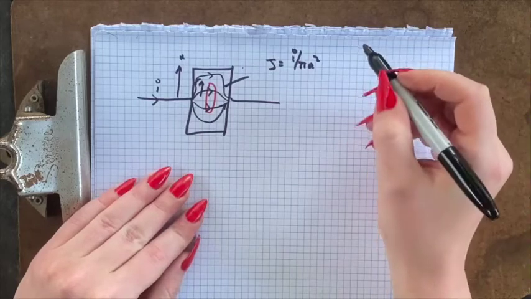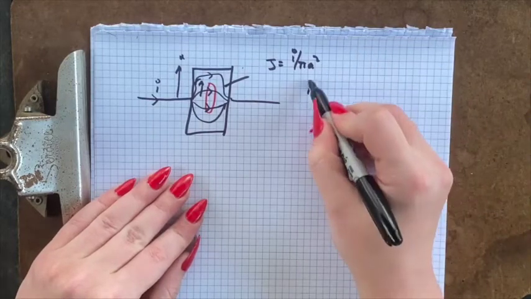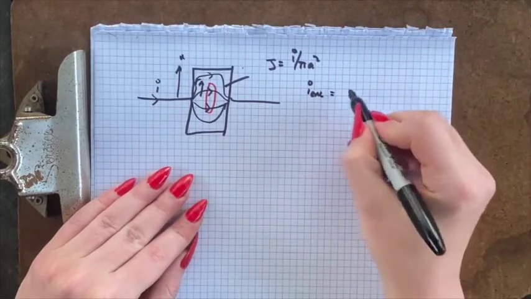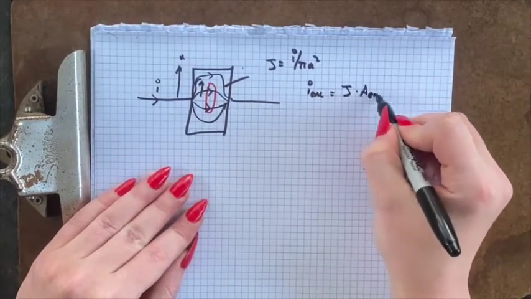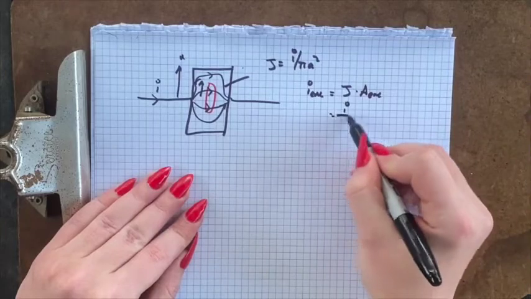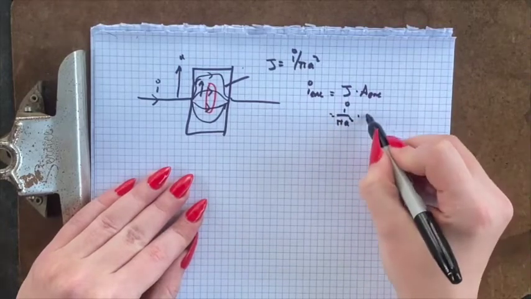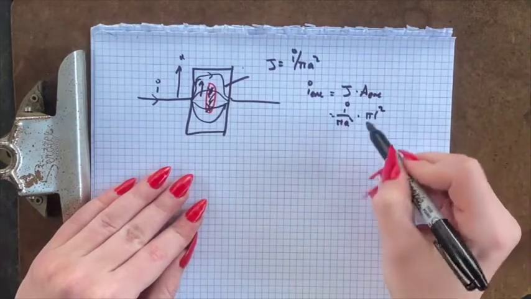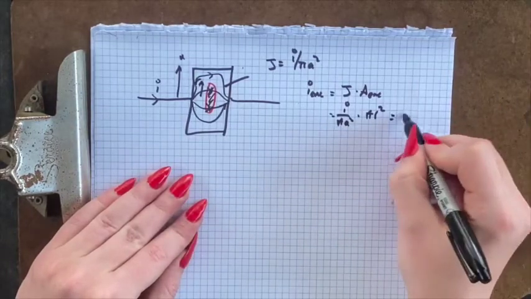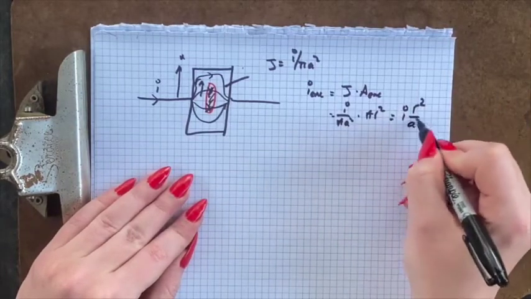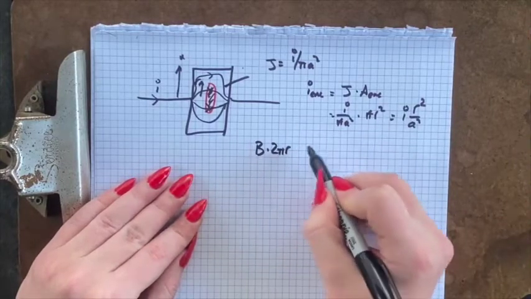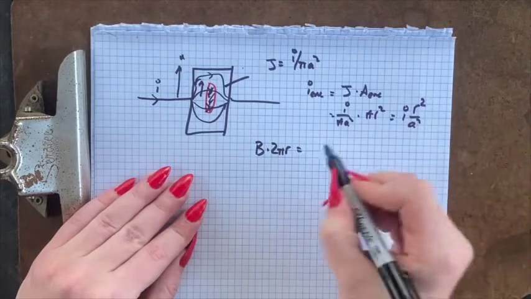Okay, and then you want to find I enclosed according to regular Ampere's law. Well, that's J times area enclosed, which is I over pi a squared times pi r squared, right, for this loop. Get a little cancellation. We get I r squared over a squared. So in Ampere's law, B times 2 pi r equals I enclosed times mu naught.